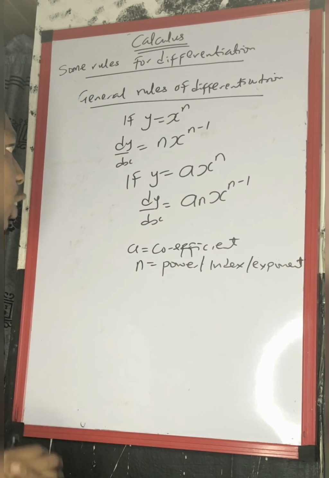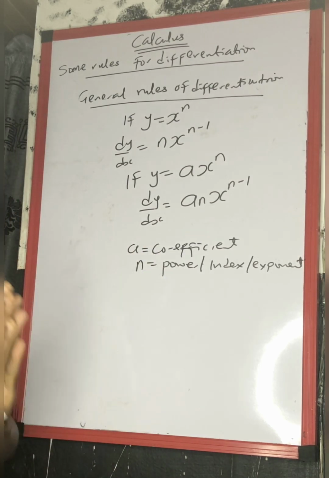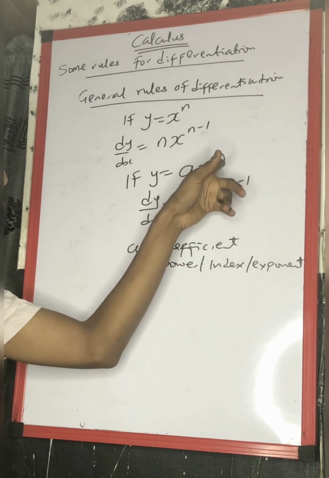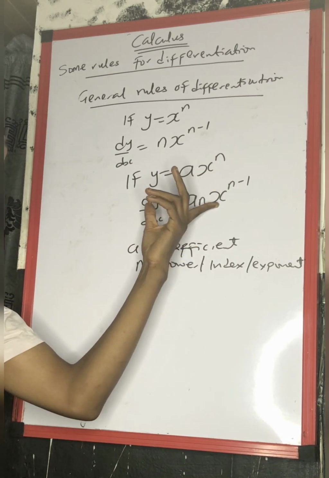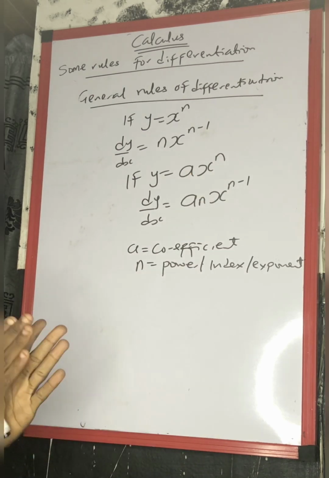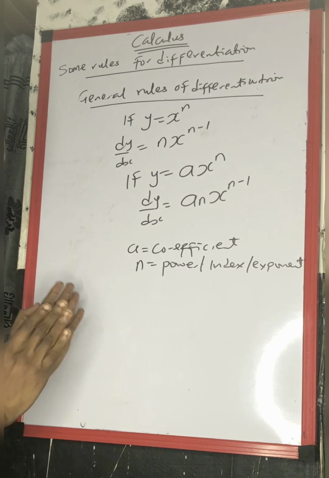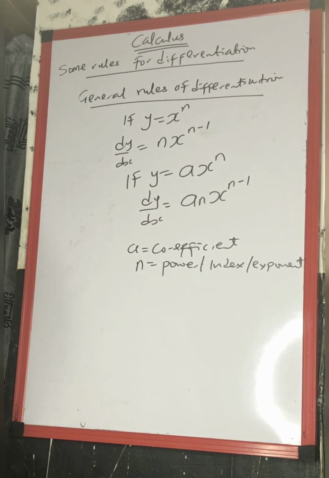You multiply the coefficient with the power, and the power decreases by 1. That's why we have a times n, then you still have your variable x, then n minus 1. That's the general rule for differentiation. So we are going to be taking some questions under this before we move to our product rule.